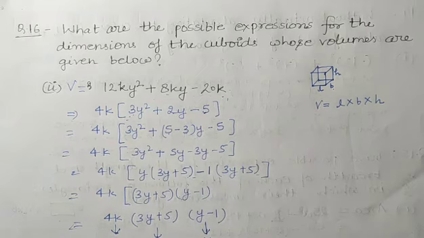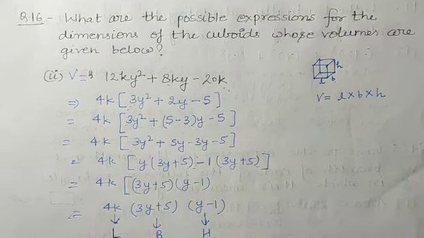Okay students, so like this we have completed all the questions of this exercise, as well as we have completed chapter 2 polynomials also. What are the most important things that you have studied in this chapter?